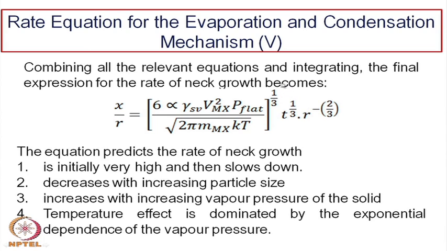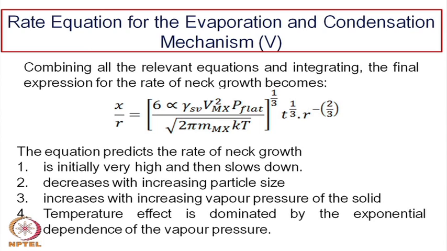This is to the power 1/3, and then there are two other parameters, which is time, t, and then r is the initial radius of the particle, and that is raised to the power minus 2/3. Okay. So, this is quite a complex relationship, but it gives us very important information so far as the dependence of this process on different experimental parameters is concerned.